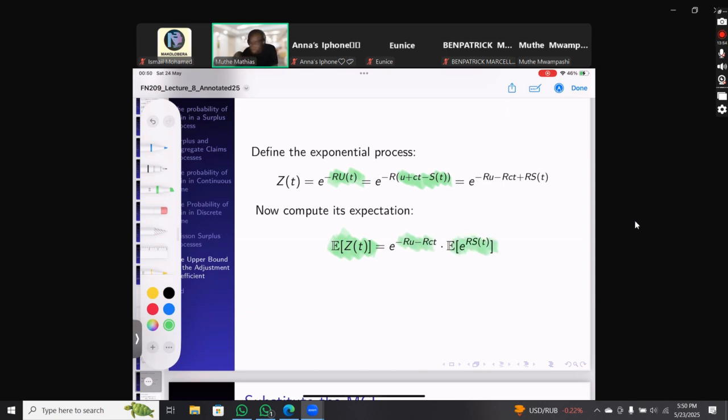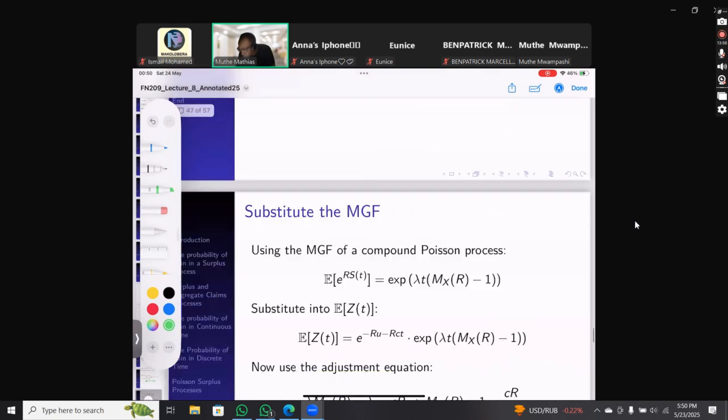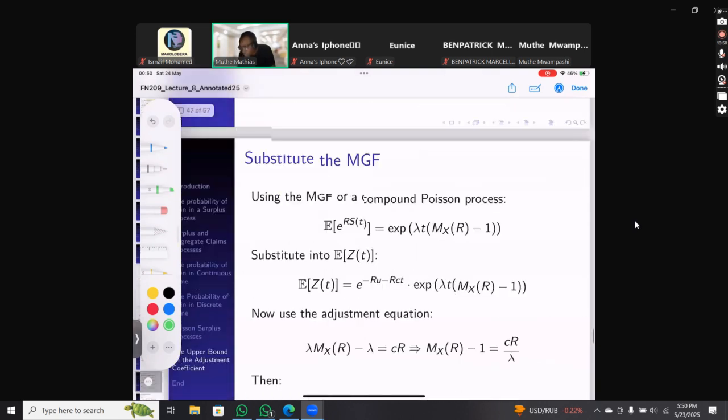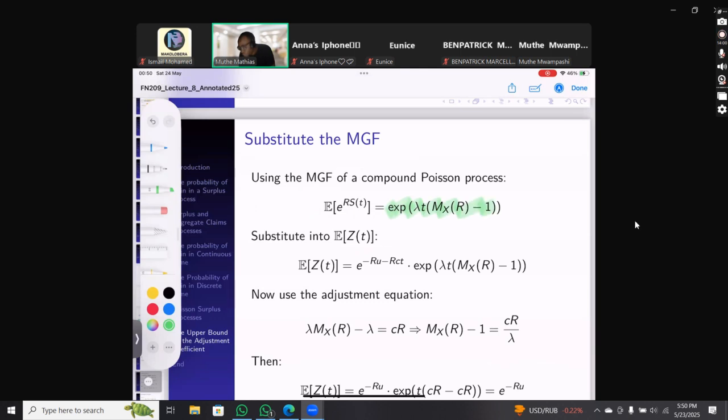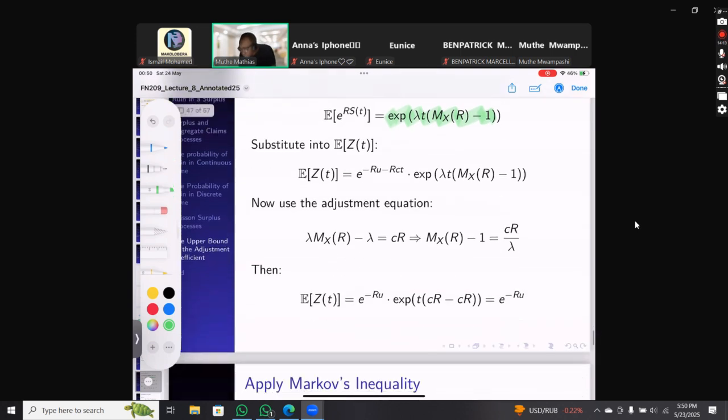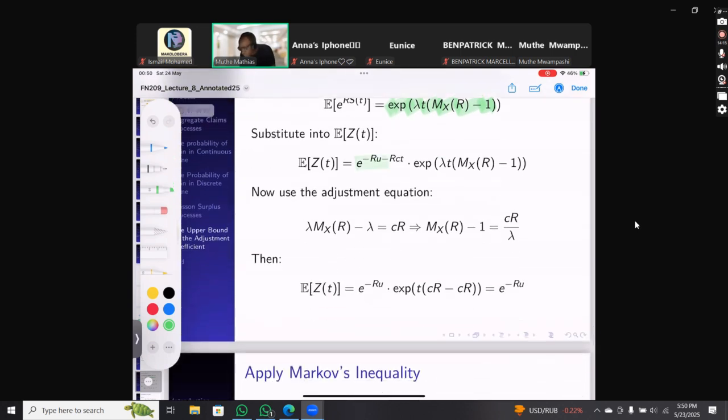Probably what is interesting in this part is the idea which we had before. I'm going to substitute this part here because we know that if we have a Poisson distribution, we can define the moment in this way. Kama ukumbuki, refer to the lecture which we covered before about aggregated claims. Then of course you can simplify everything, and now you'll end up with this part here.